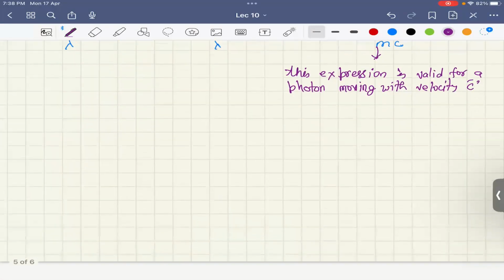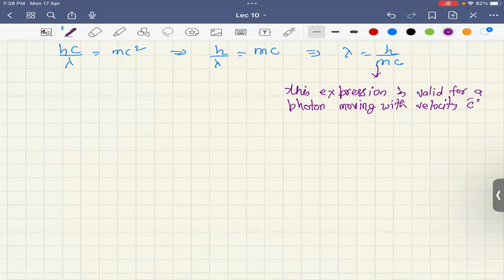But if we exchange this with a particle of mass m and its velocity v in place of the velocity of light, then the equation would become this one.